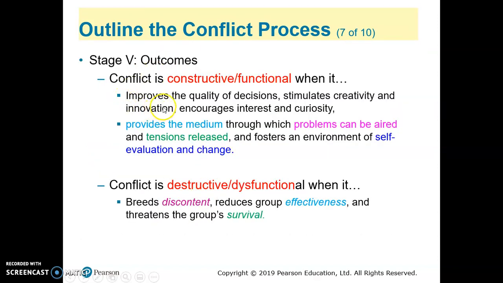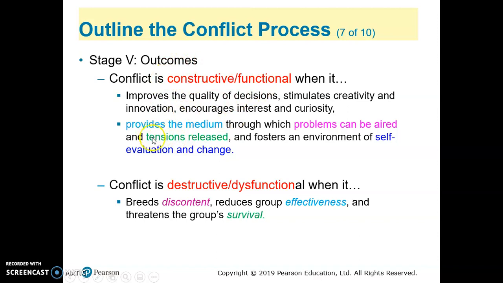So stage 5 is the last stage. It's the outcome. Conflict can be constructive, that means functional, when the conflict improves the quality of decisions, stimulates creativity and innovation among employees, and encourages interest and curiosity.